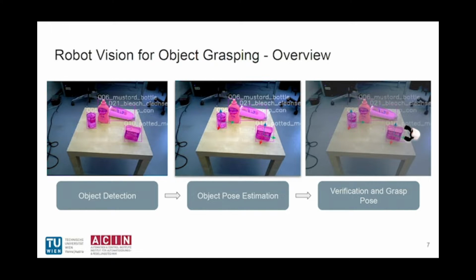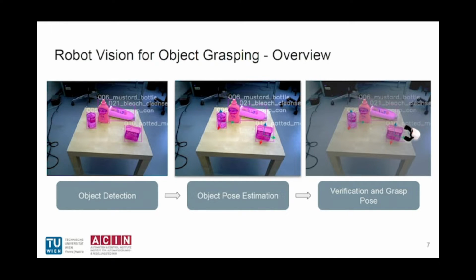From that detection, the goal is then to estimate the pose of the object in that scene. There's of course no absolute pose for any given object, but when we talk about pose estimation, it's just a relative transformation between the object in the scene and the reference object model that we have. So that rotation and translation from one to the other.